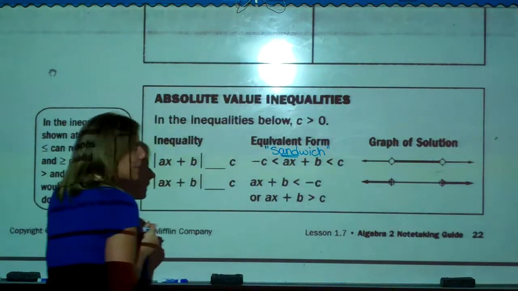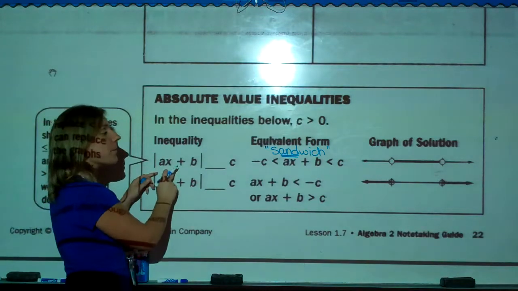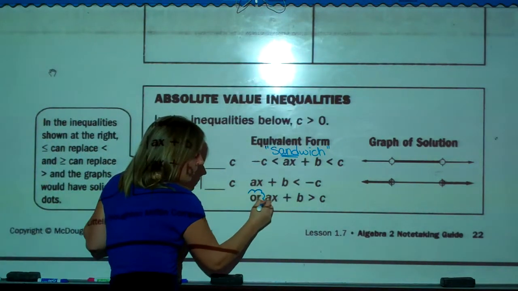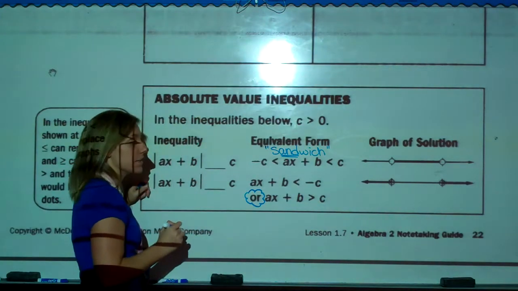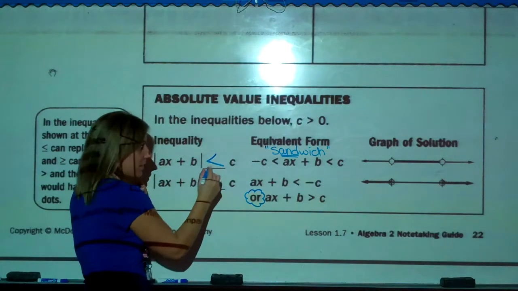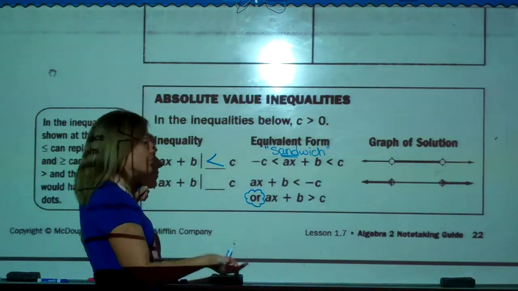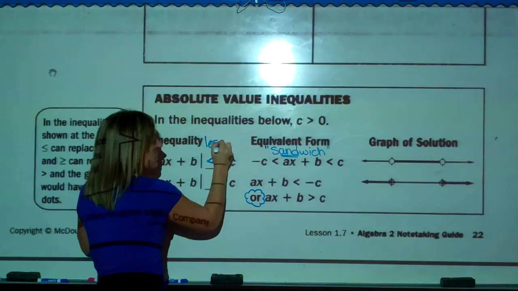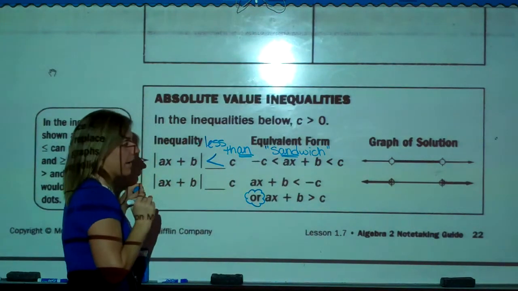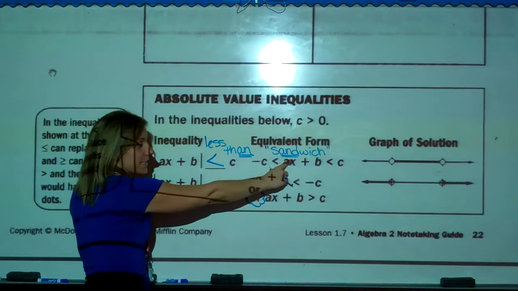The way you can remember whether you make a sandwich or an OR, which is just 2 separate inequalities, is that sandwich is less than. Less than makes a sandwich.